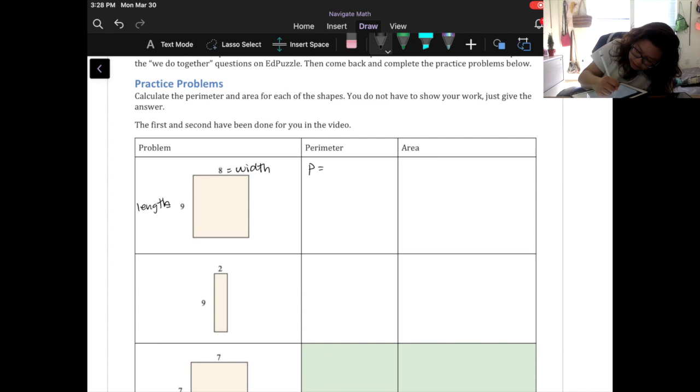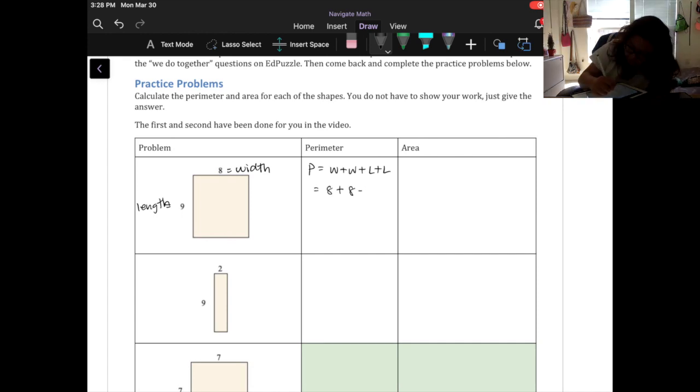Well, I know that the perimeter is equal to W plus W plus L plus L. So I have 8 plus 8 plus 9 plus 9. 8 plus 8 is 16. 9 plus 9 is 18. And if I put this into a calculator, this would give me 34 units.